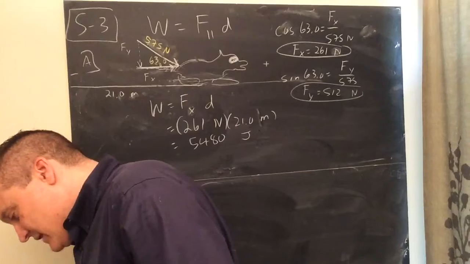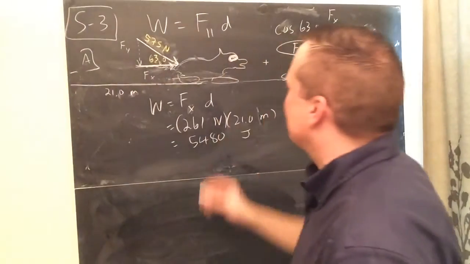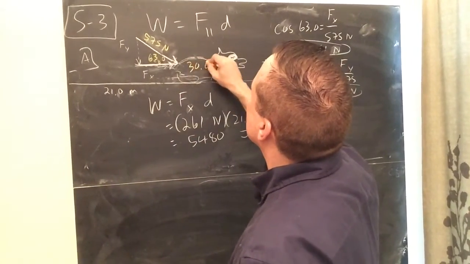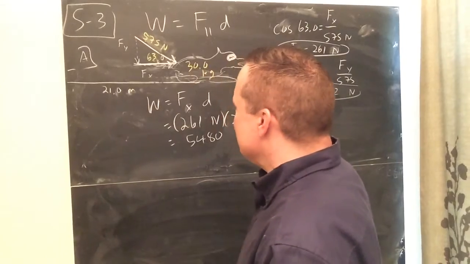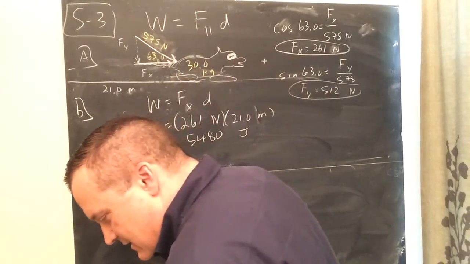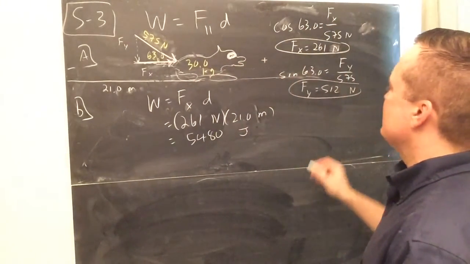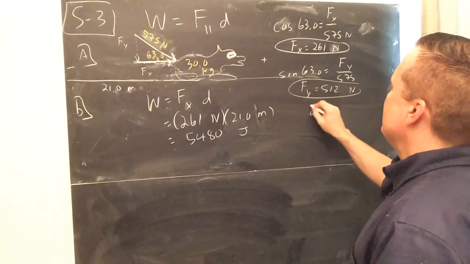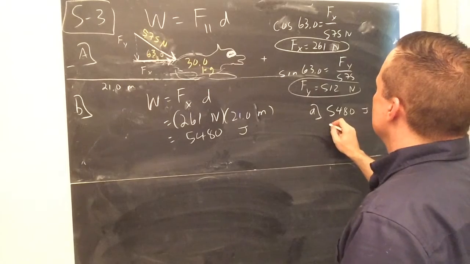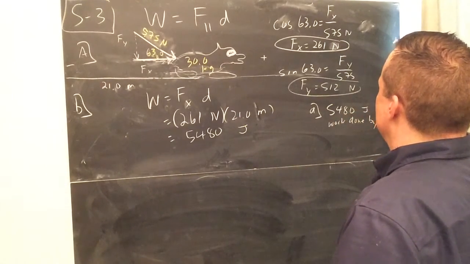Okay, so that was part one. Part two says, if the raccoon's mass is 30 kilograms, so if he weighs 30 kg, for B. Actually, we should remember that for A, the answer was 5480 joules of work done by Fx.